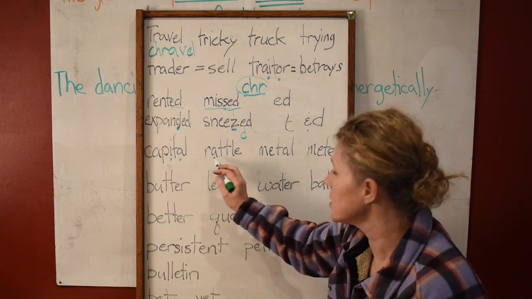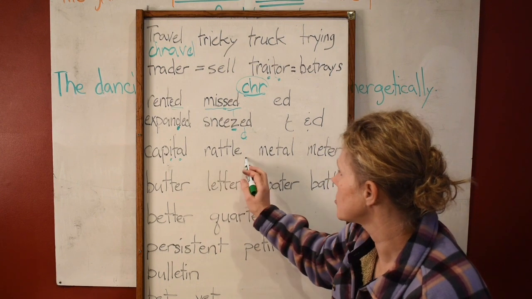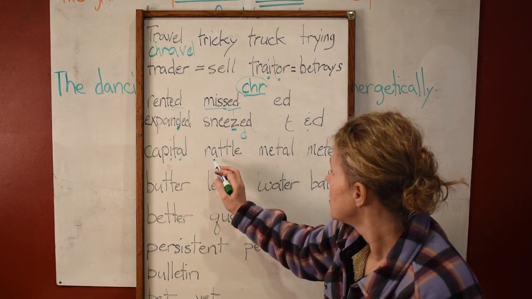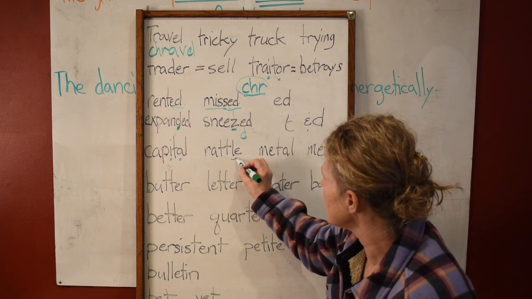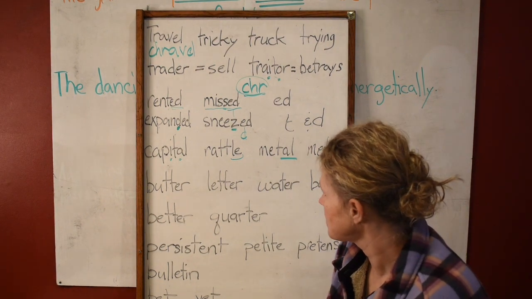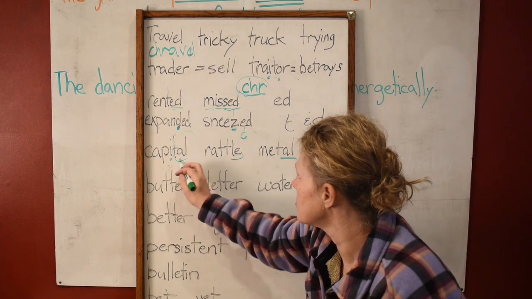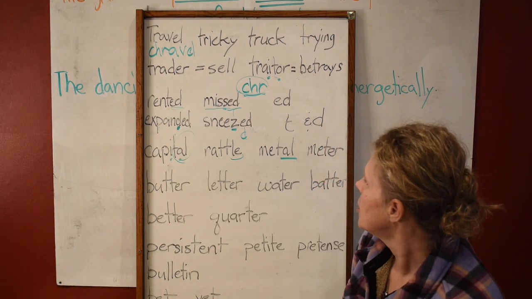Rattle. Well, it's really rattle. Oftentimes when you have the LE or the AL right next to the L, that's what's going on here too, but this also has vowels, so this one's even trickier.